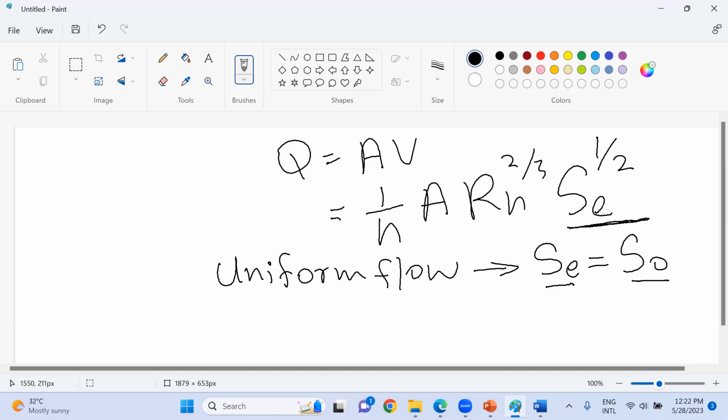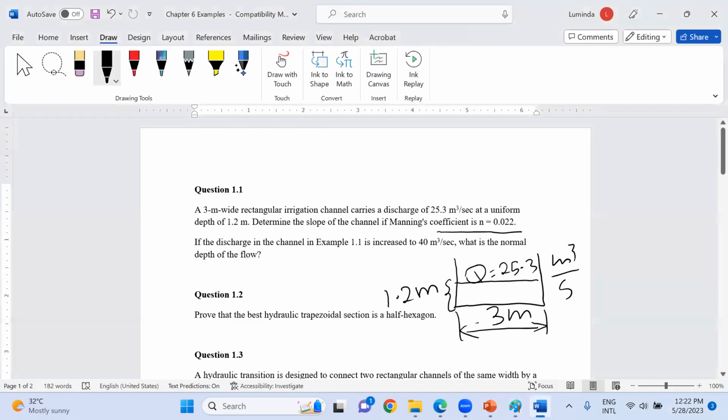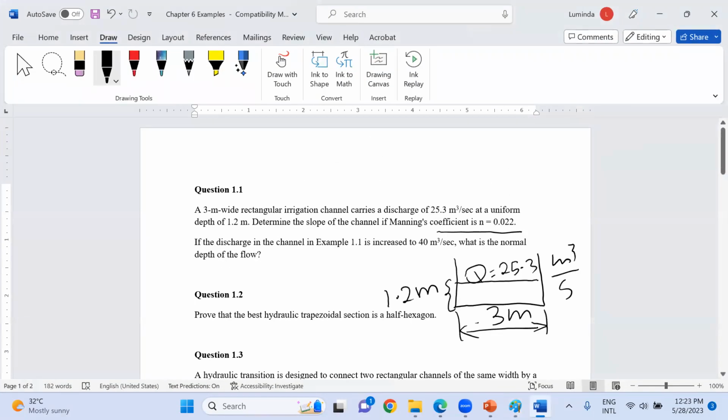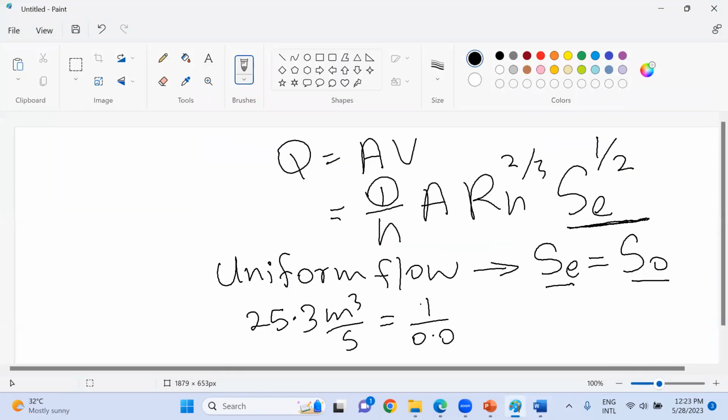Now I think the Q is given. Q is what? 25.3 meter cube per second. Be careful about the unit. We have 1 here only if you are using the SI unit. So 1 over n, what is the Manning coefficient? 0.022, right?